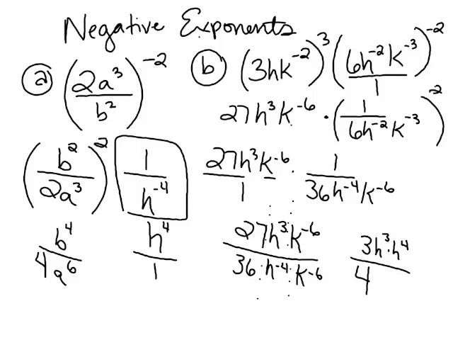So let's go back to our h's. Using the product property, what's the product of 3 plus 4? h to the 7th. Okay, so I'll end up with 3h to the 7th over 4 as my final answer.